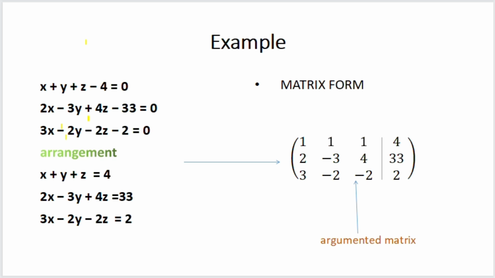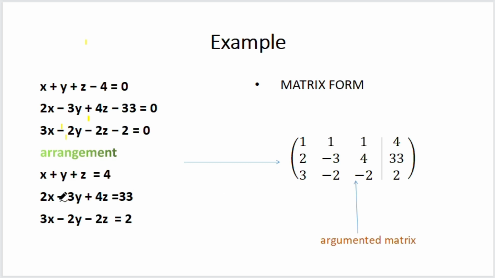If we extract the matrix, it looks like this. We have 1 in front of x, 1 in front of y, and 1 for z, so these are just the coefficients.